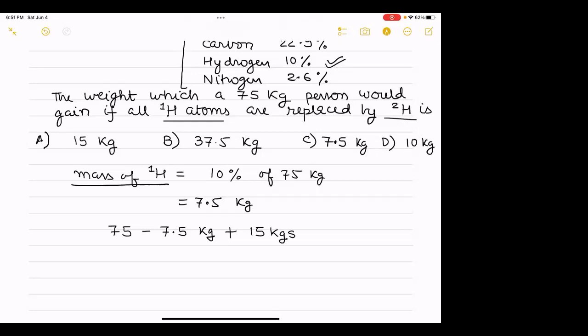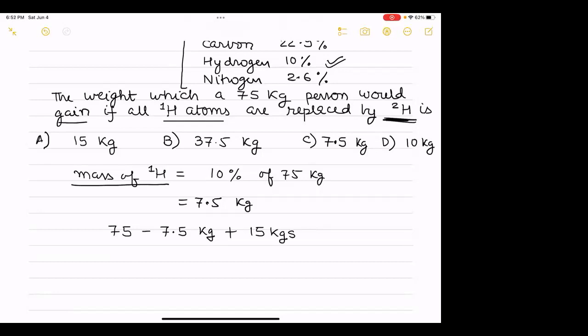Why double the mass? Because deuterium has mass twice the mass of hydrogen. Is it clear? Yes, sir. So actually, this question can be asked in many ways.